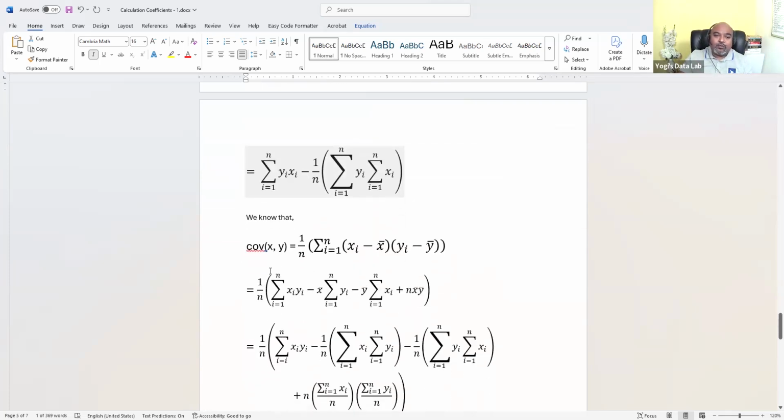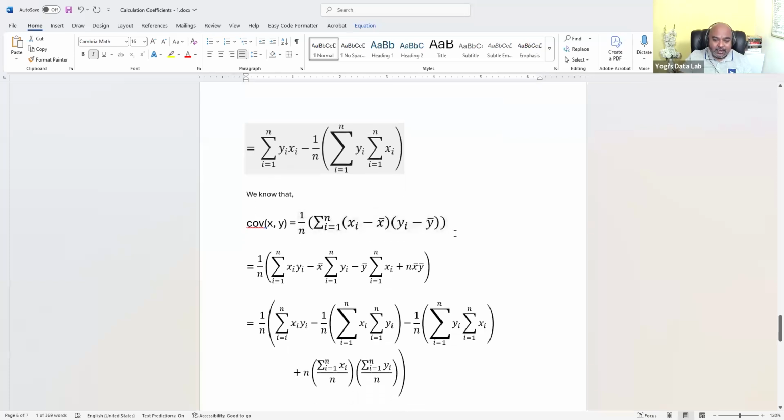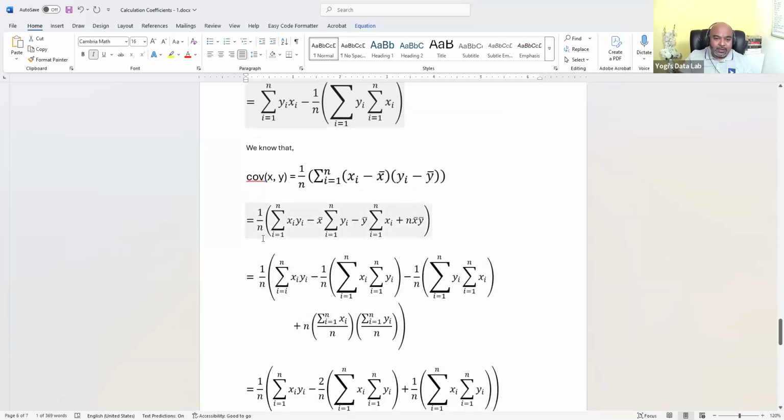Now covariance of x and y, how is it given? It is given by 1 upon n summation i equal to 1 to n xi minus x bar multiplied by yi minus y bar. So let us expand this again. So you'll see 1 upon n summation i equal to 1 to n xi yi minus x bar summation i equal to 1 to n yi minus y bar.